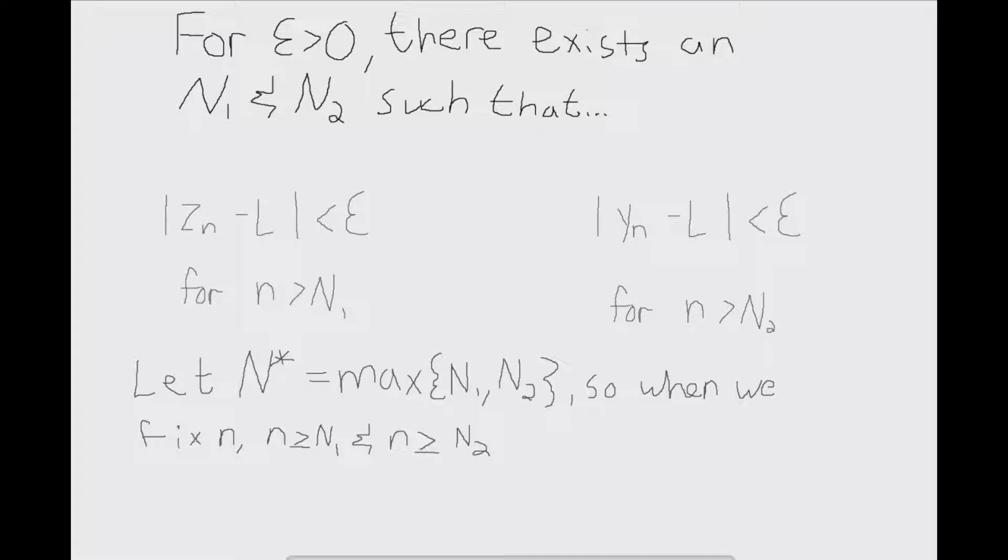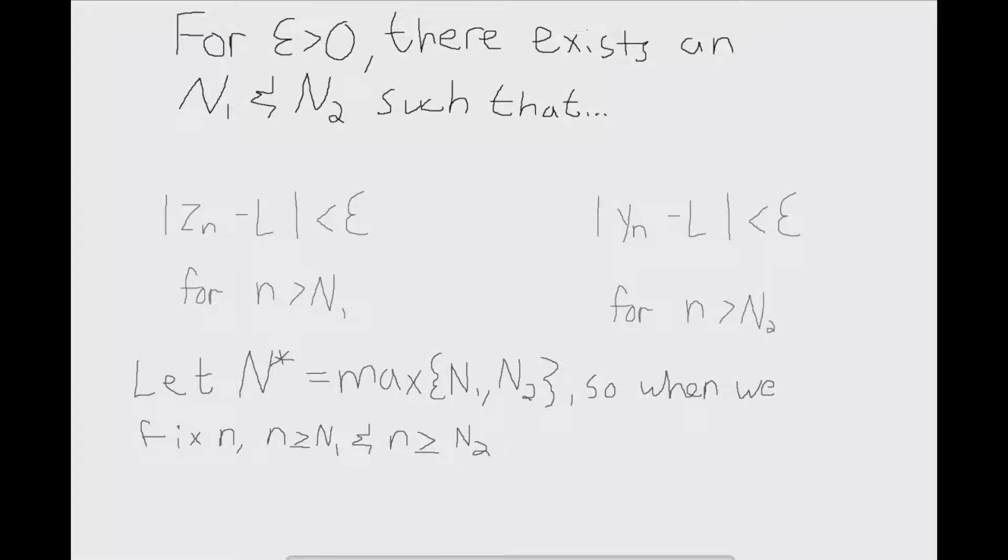We can do this because z sub n and y sub n are the lim-inf and lim-sup of a sub n, which make up subsequences of a sub n. We know that from the problem statement and the hypothesis that all subsequences of a sub n converge to L.